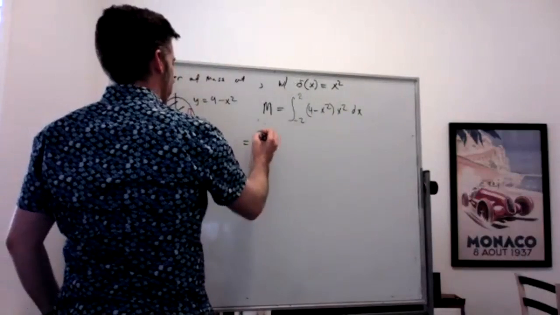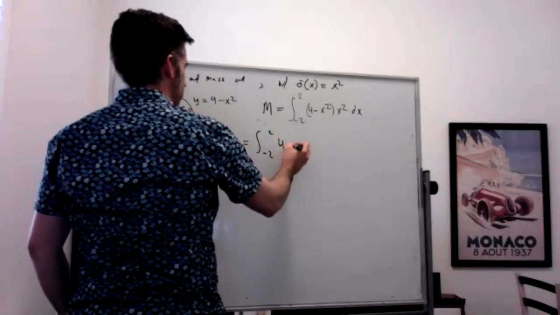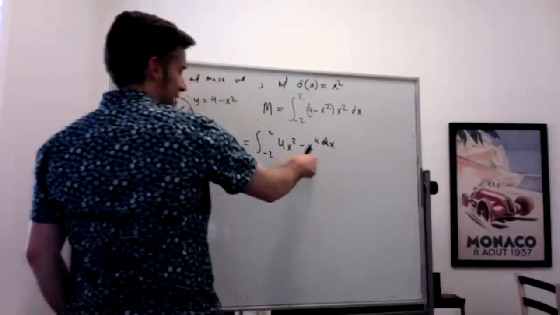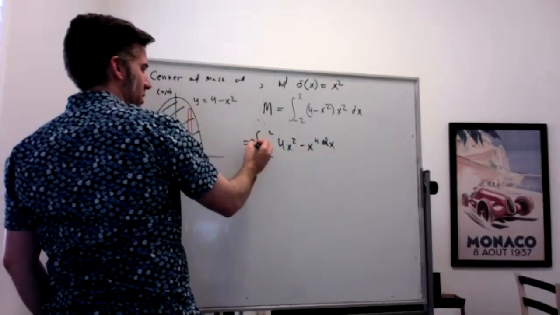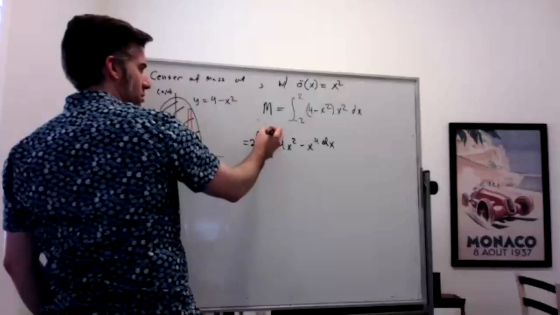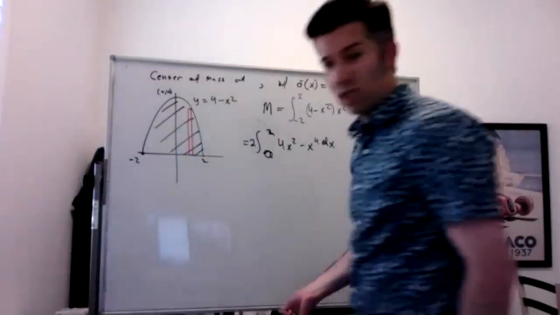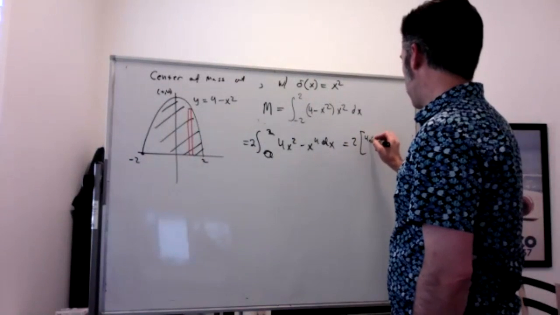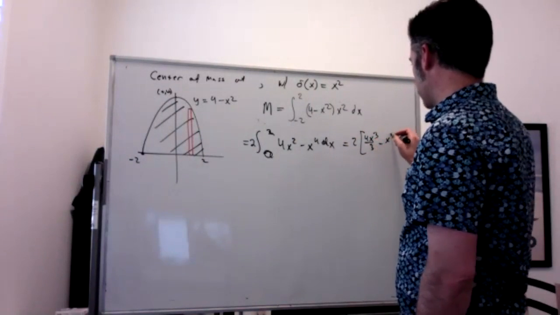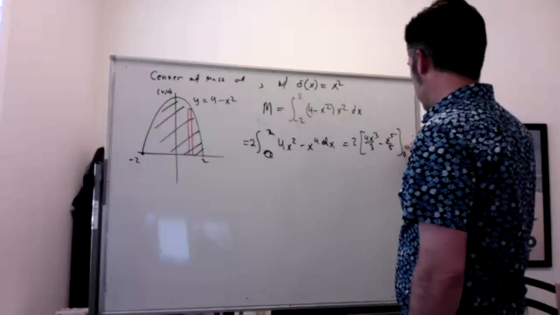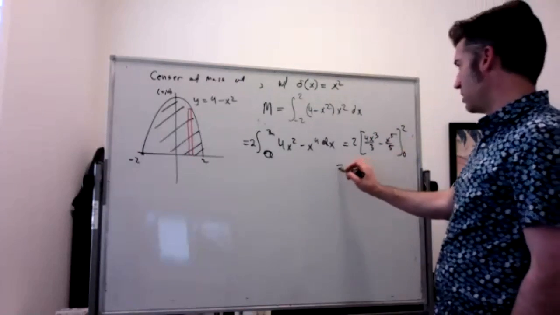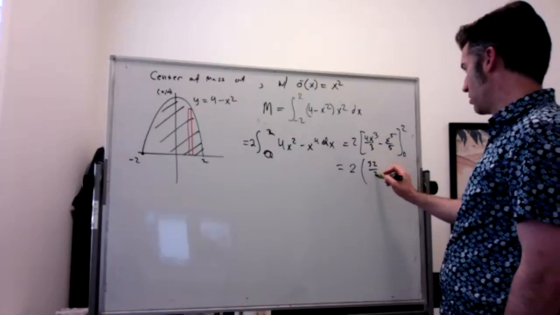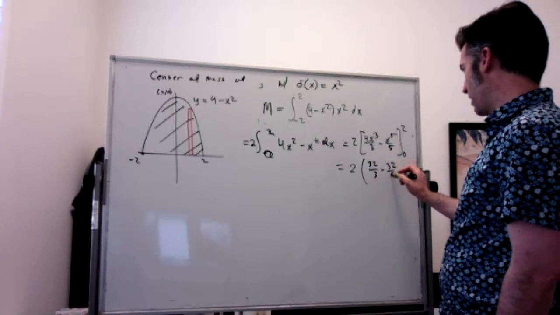It's the integral from -2 to 2 of 4x squared minus x to the 4th. I would point out that this is an even function, so let's just do 2 times the integral from 0 to 2. That'll work just fine. That's going to be 2 times 4x cubed over 3 minus x to the 5th over 5 from 0 to 2, which is going to be 2 times, let's see, 32 thirds minus 32 fifths.